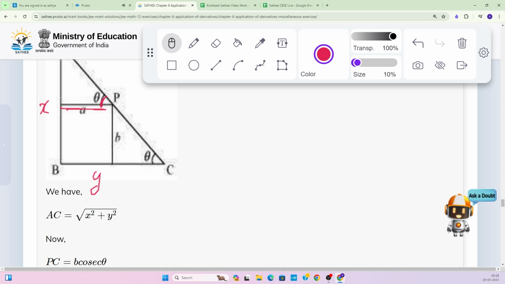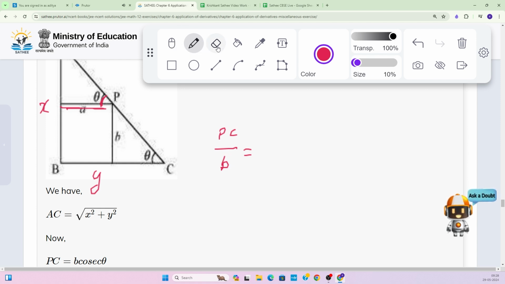Now and PC if you want to know, PC is what? Your hypotenuse. Okay, or in other words, in terms of this, ratio of this PC and perpendicular, you know what it is, so perpendicular.